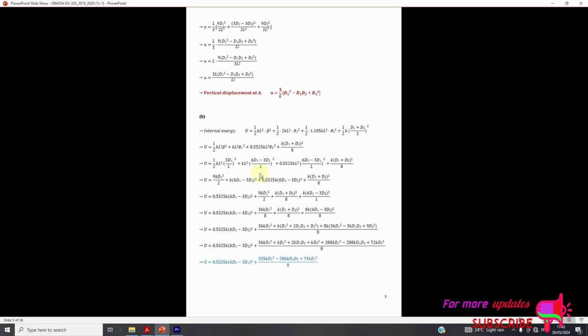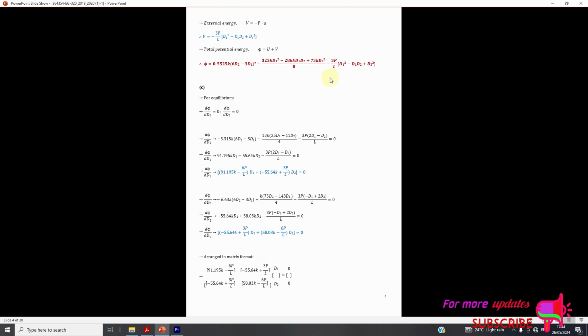Now you expand and then simplify the algebraic equation. Now you arrive at the displacement is equal to 0.5525 k into bracket 6d2 minus 3d1 into bracket squared plus 325 k d1 squared minus 286 k d1 times d2 plus 73 k d1 squared over 8.